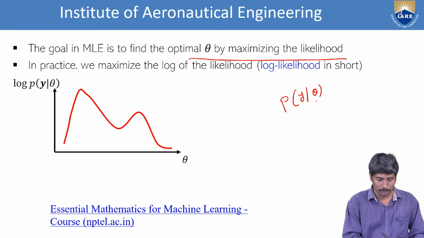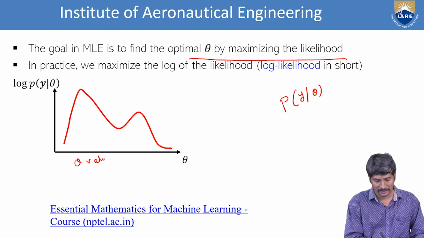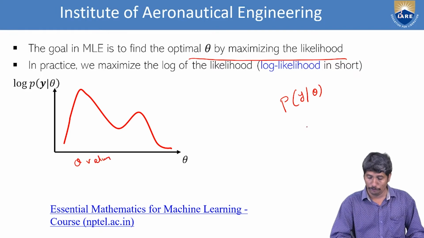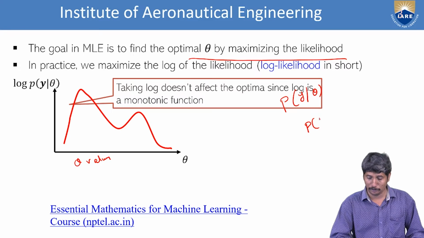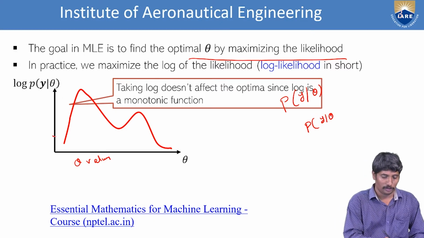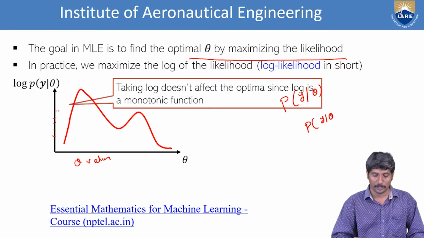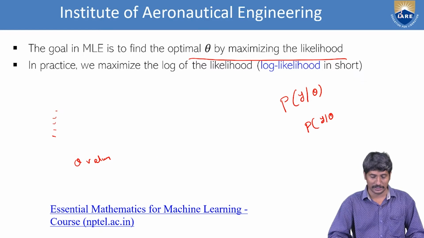That means we have plotted the theta values over the x-axis, and we found the values of the function p of y comma theta, and we plotted them on the y-axis.